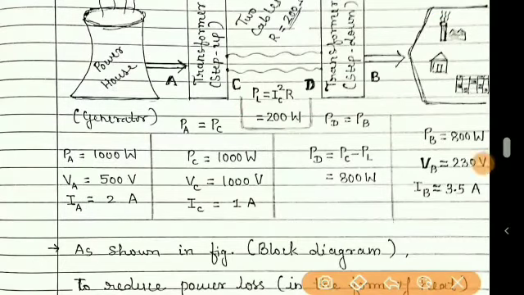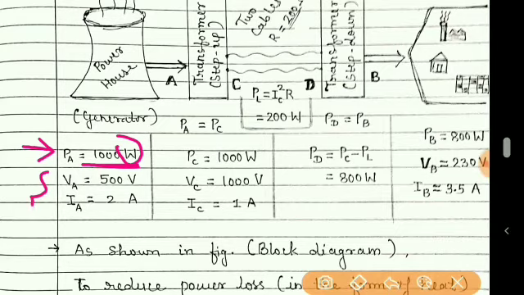Now students, suppose the power generated at the powerhouse is 1000 watt. The unit of power is watt. So power generated is 1000 watt.